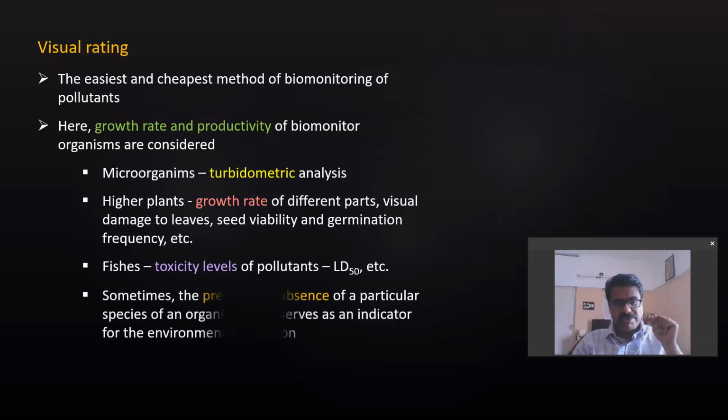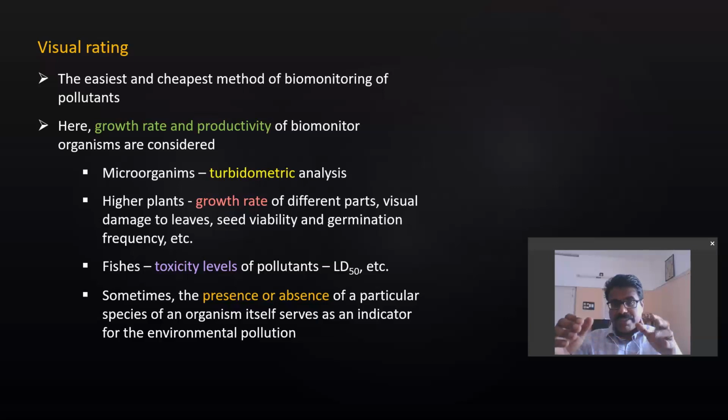So fishes can be used for pollution detection, and sometimes simply the presence or absence of a particular species of organism can be an indicator of pollution. Okay, we know these are bioindicator organisms. We know that some frogs, amphibians, can breed in almost pure water only.